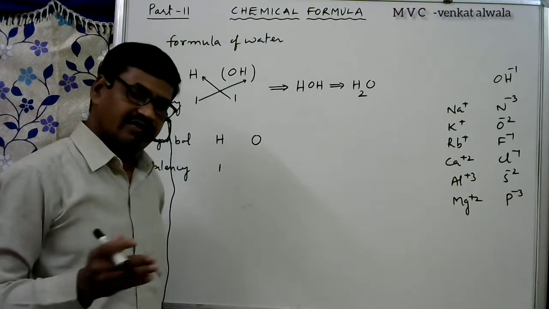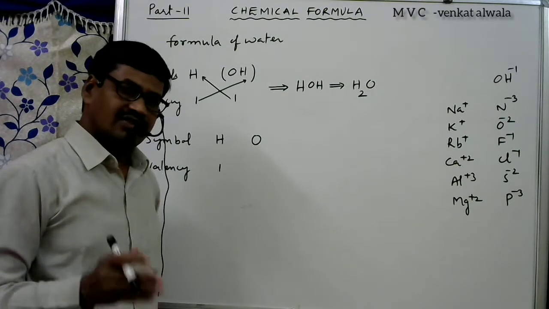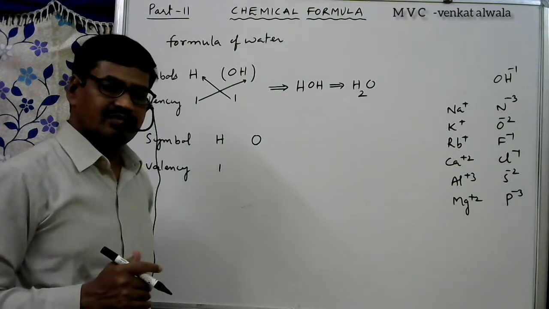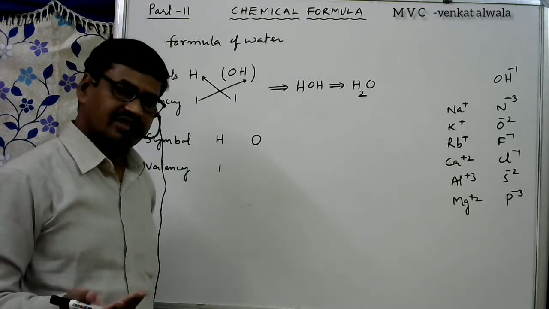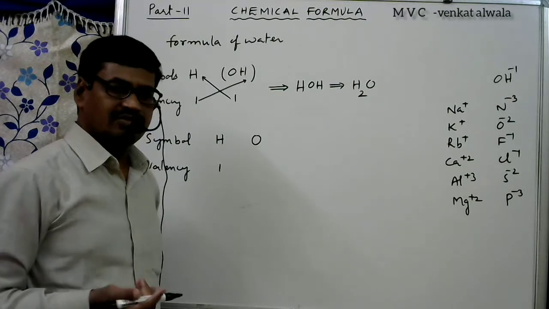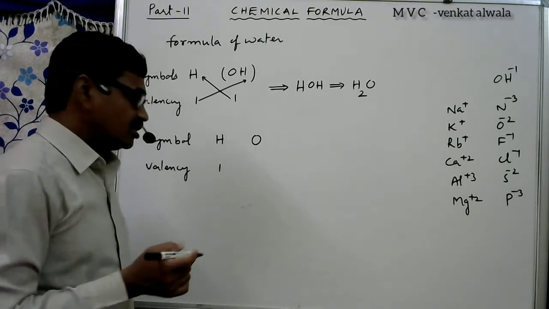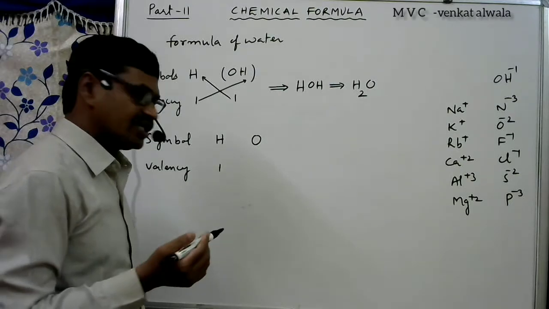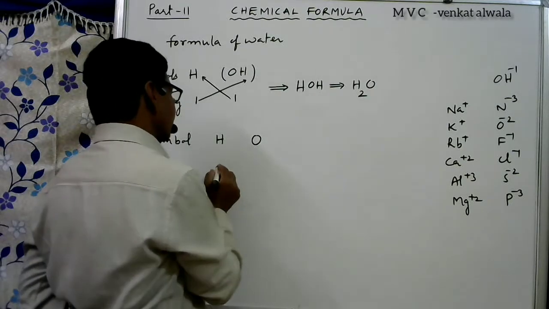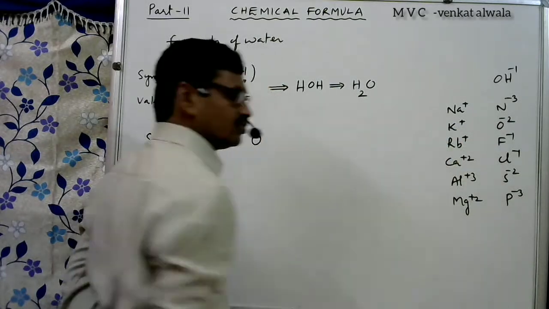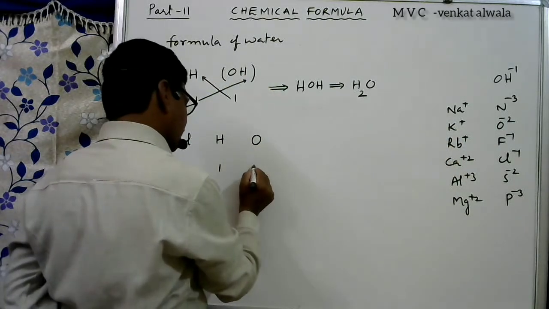If you add one electron, it gets the helium configuration. Otherwise, if you remove the electron, it can also get stability, since empty shells are also stable. Afterwards we'll discuss empty shells and how we get the charge. Here hydrogen has valency 1. For oxygen, minus 2 means I write 2 here.